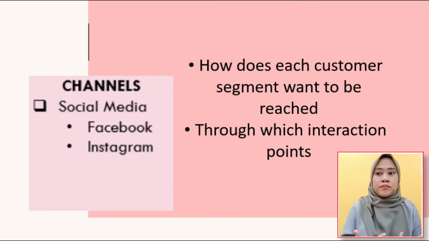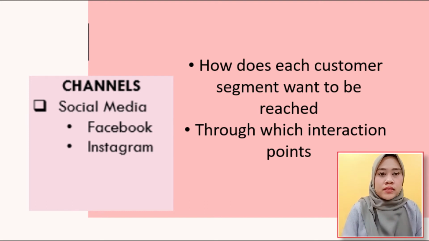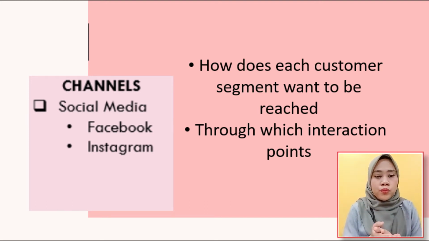The next element is channel. Channels are defined as the method through which the customers come into contact with the business. In this element, the business needs to identify how each customer segment wants to be reached.